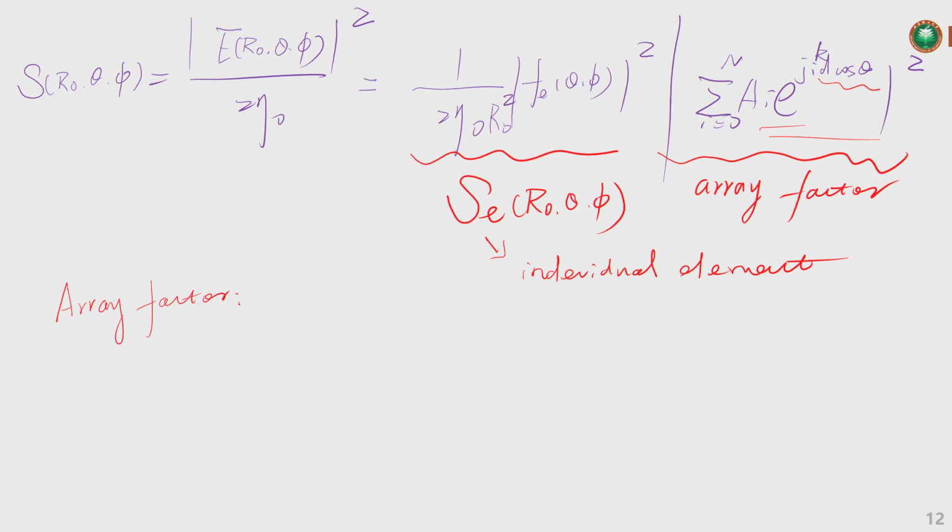So it's related to the individual elements, right? Also individual elements, and also a_i. a_i is the fading coefficient.